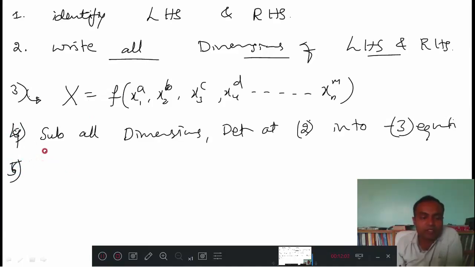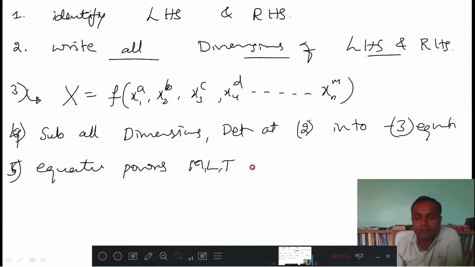The fifth point is to equate the powers of M, L, T of LHS and RHS.